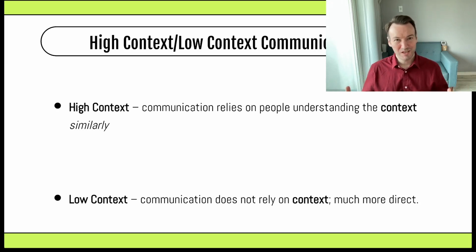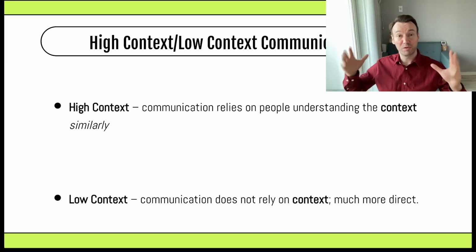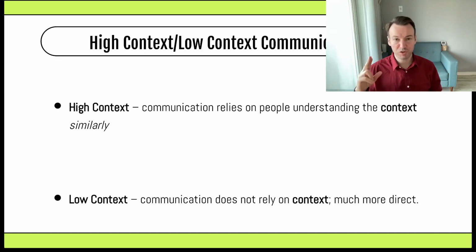We can see this often if you get a group of people from different countries, and let's say two of them are from the same country or the same culture. Those two people can communicate quite differently compared to how they speak to the rest of the group, simply because they have a shared context.